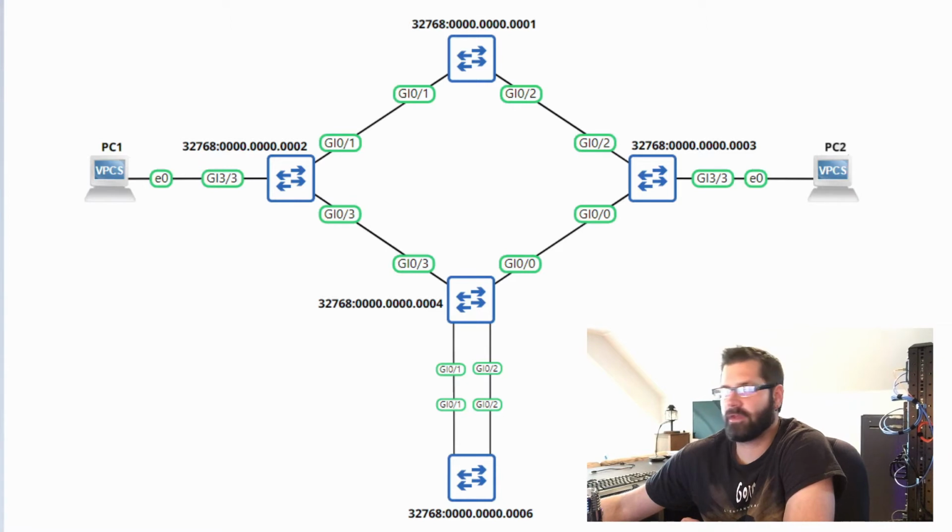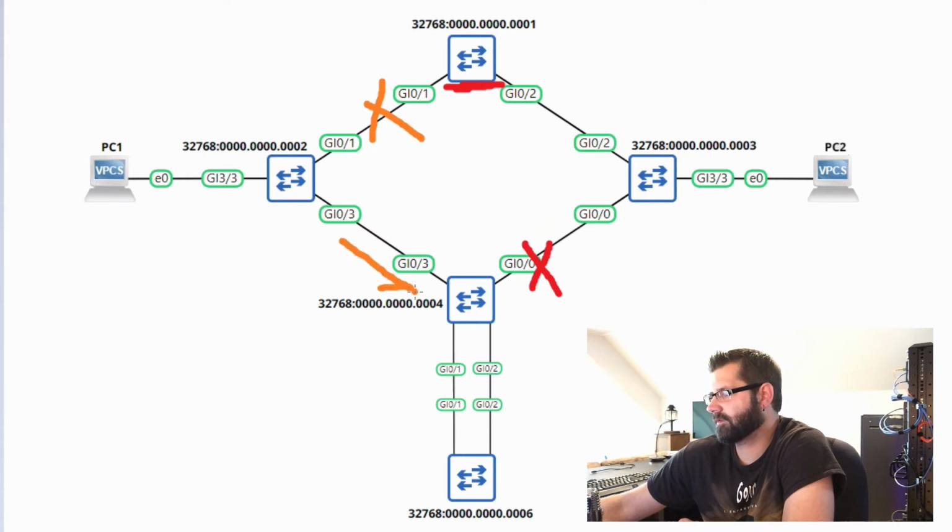So spanning tree will do that automatically, if it detects that there is no longer a loop in the network. So say we were blocking here, and say this is the root bridge, and say this link right here were to fail, this switch right here would stop receiving BPDUs from the root bridge.